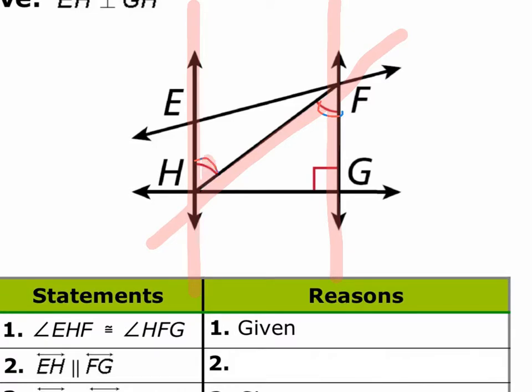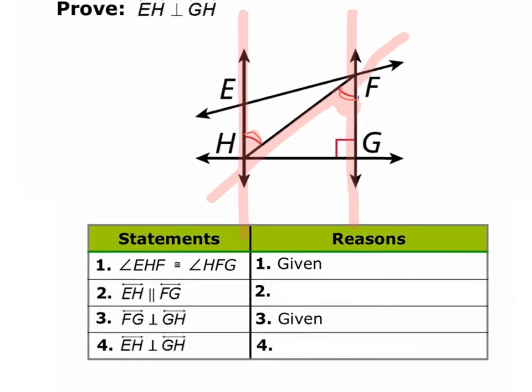The alternate interior angles, so this one and this one, they're congruent. So if we know that the alternate interior angles are congruent, then we can say that these lines are parallel. So EH is parallel to FG. So for step 2, we can write, because alternate interior angles are congruent.